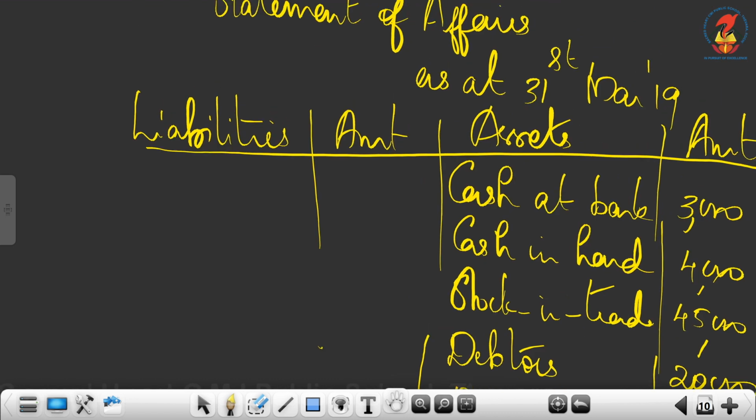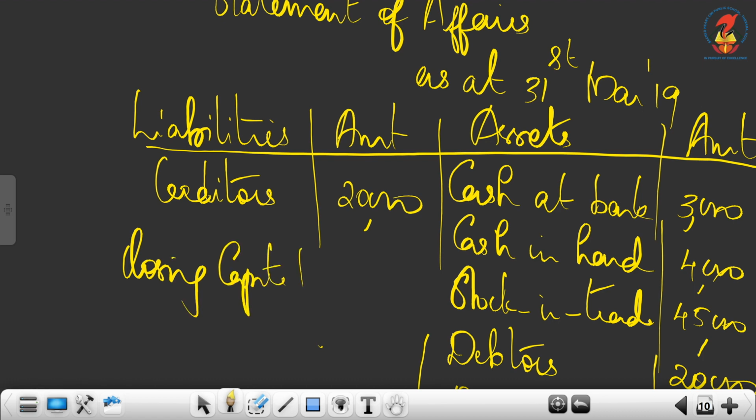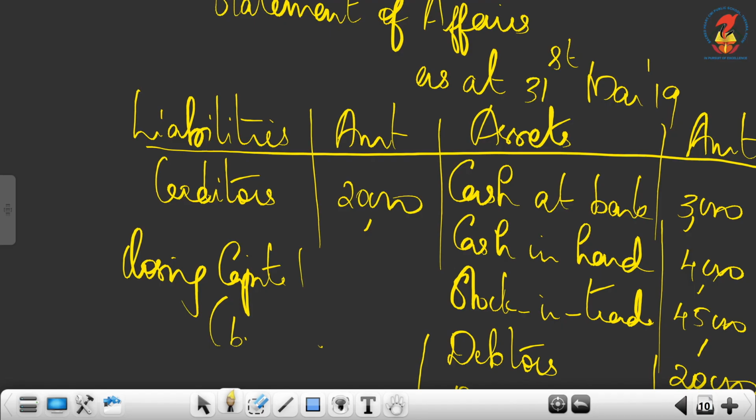Then we have creditors, $20,000. Finally, we can write the closing capital. That's the balancing figure, that is amount is 60,350.